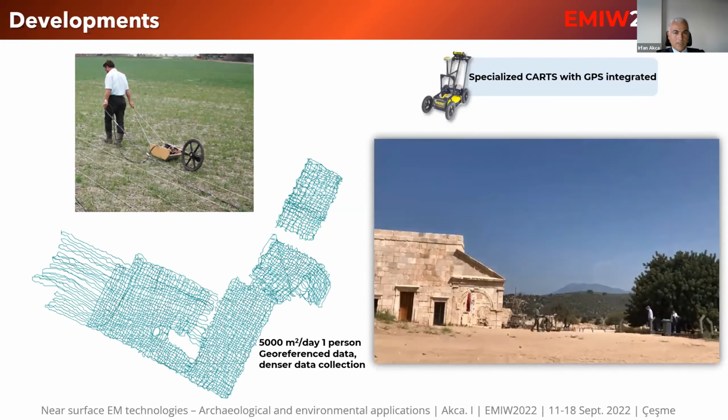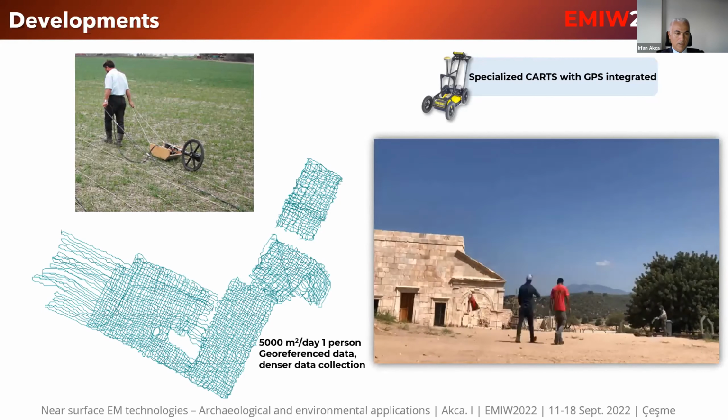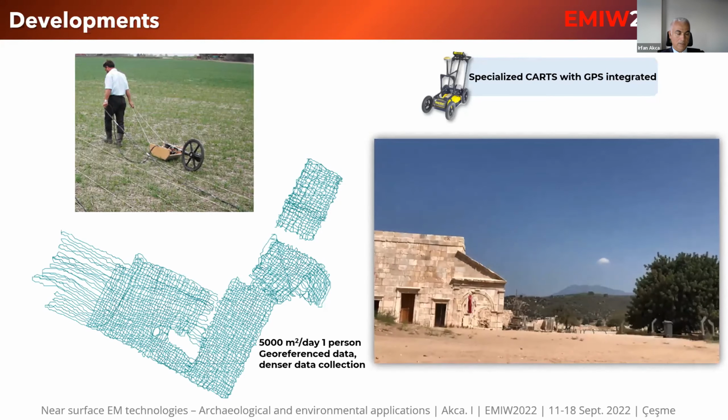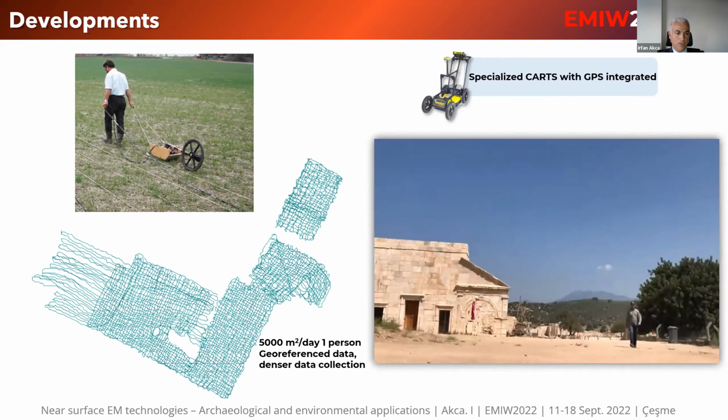Okay, the carts or the wheeled carts help us to speed up our measurement. You see an animation on the right, which is also recorded by myself. This researcher, the geophysicist, uses this cart to quickly measure lines. But in that case, real-time location definition is required.